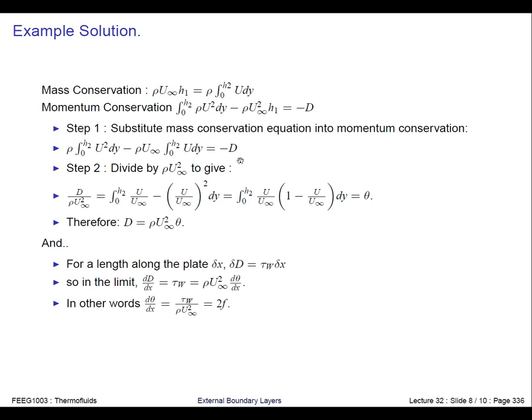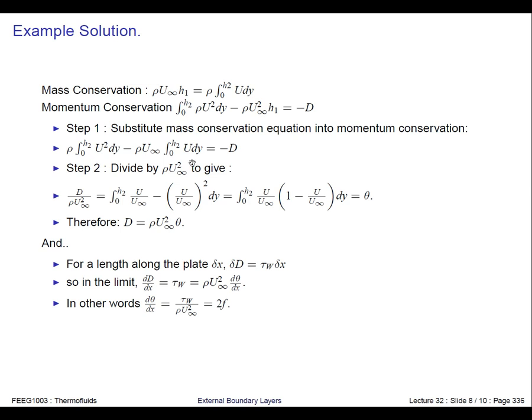So we've got the drag, which is this, and then we've got this term divided by u infinity squared, so that ends up being here, and then we've got a u infinity and a u.